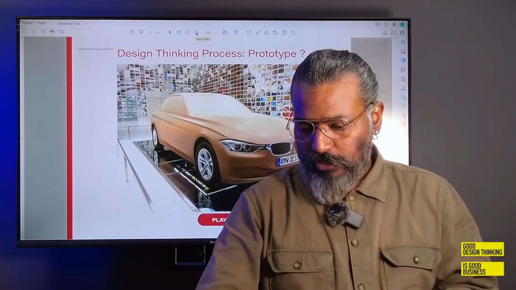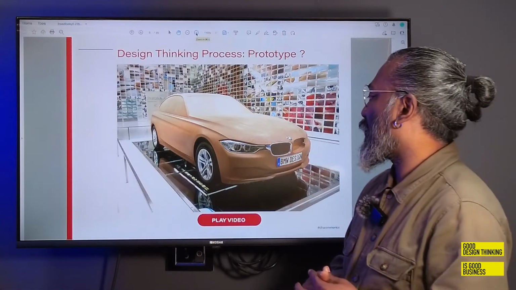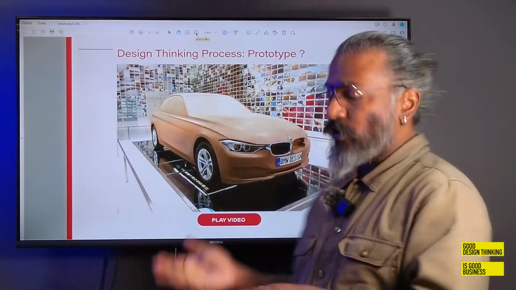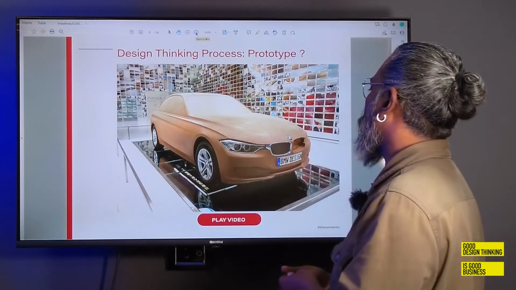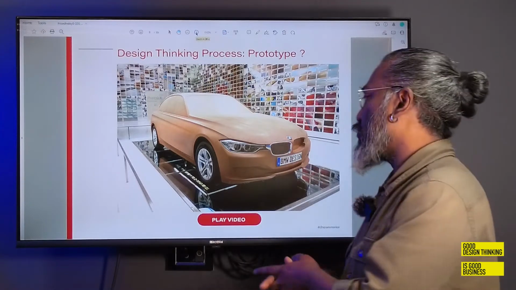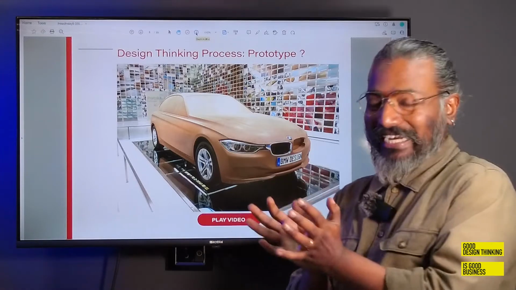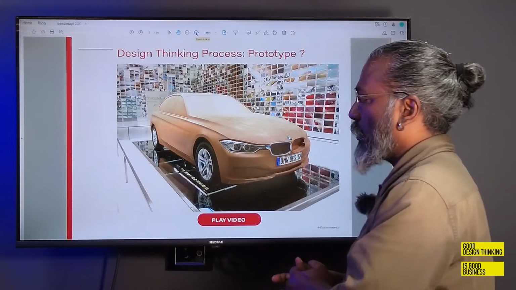Especially car designers, they go extensively into creating models. When you conceive an idea, you start sketching, and then you start creating a clay model. Initially you create a small clay model, which then you follow with an actual size clay model.